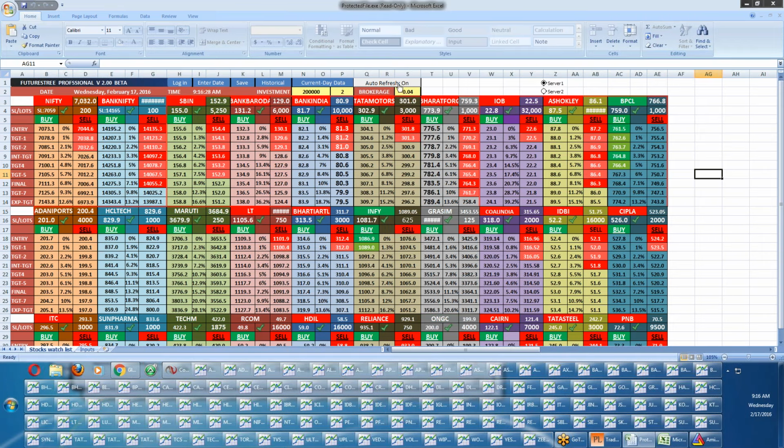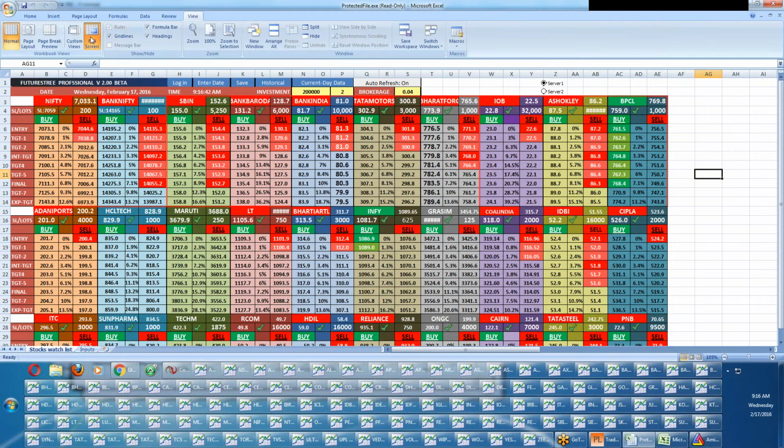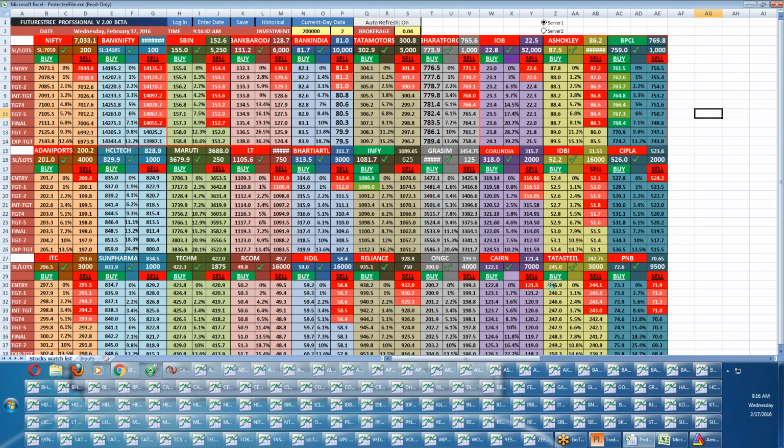So that's a gap down. You can ignore Bank Nifty, Bharat Forge, Ashok Leyland. Infi, you have a buy. Let me just put it in full screen mode. Can we have a sell? We'll wait for some time and then we can pick the calls.